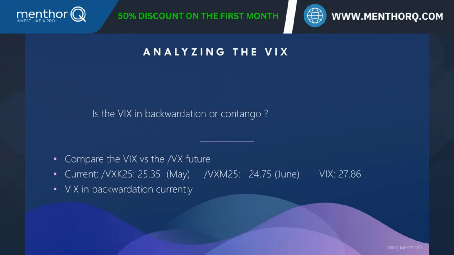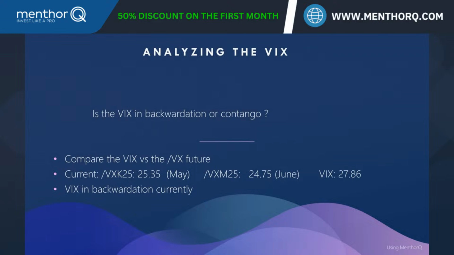Contango is just the opposite, when the current VIX is lower in value than the future value. So you tend to see the VIX in contango in a bullish market. And you could easily look at that on your thinkorswim or whatever trading platform to know whether the market's in contango or backwardation.